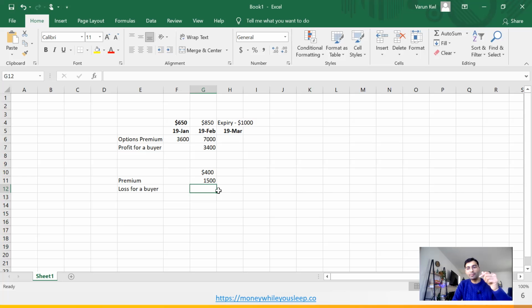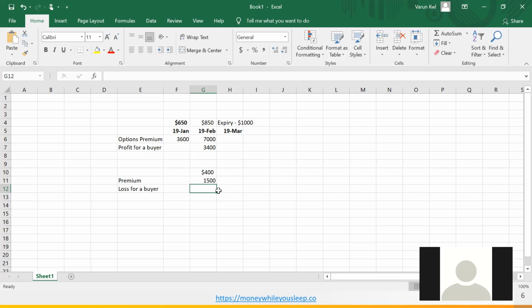There are many other parameters on which option pricing is dependent. But for the sake of simplicity, for now, just think that options are dependent on the stock prices, and depending on the stock price movement, even options premium are going to change. In this example we are looking at, everything remains constant, only stock prices are moving.